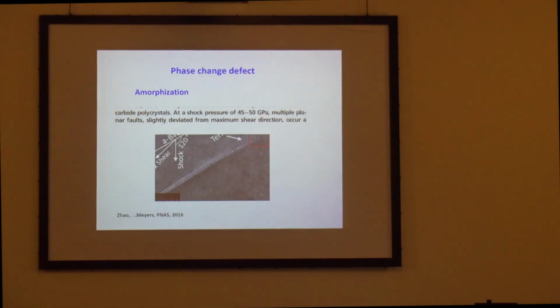So what is a phase change defect? Here in this publication, PNAS 2016, shows a defect that is generated by shock pressures at 45 to 50 GPa in boron carbide, and one wants to understand how such a defect is generated.